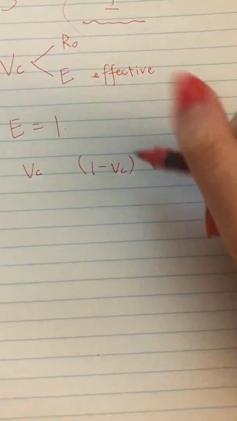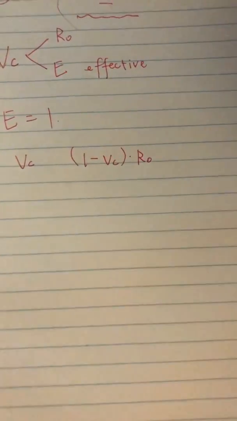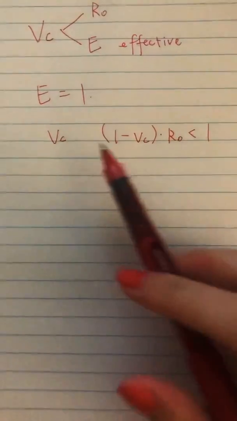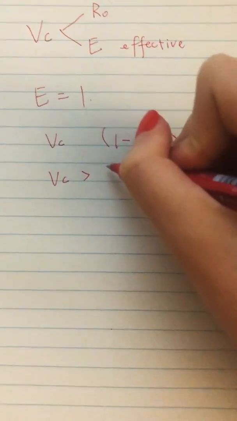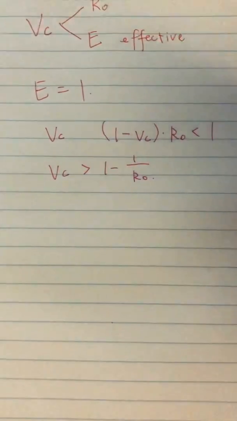This many people don't have the antibody, and they can infect this many people, right? We want this to be less than 1, so the virus does not spread anymore. You solve for VC, and you get this.